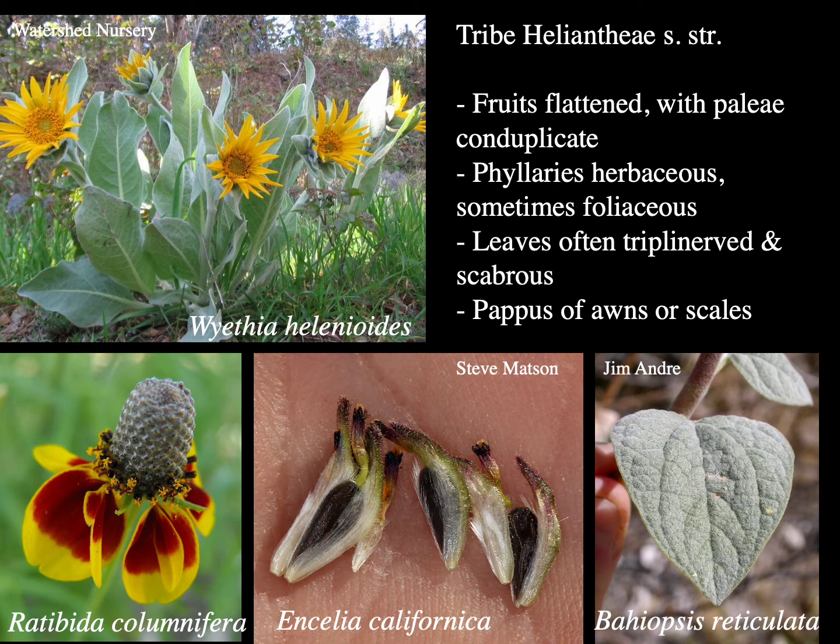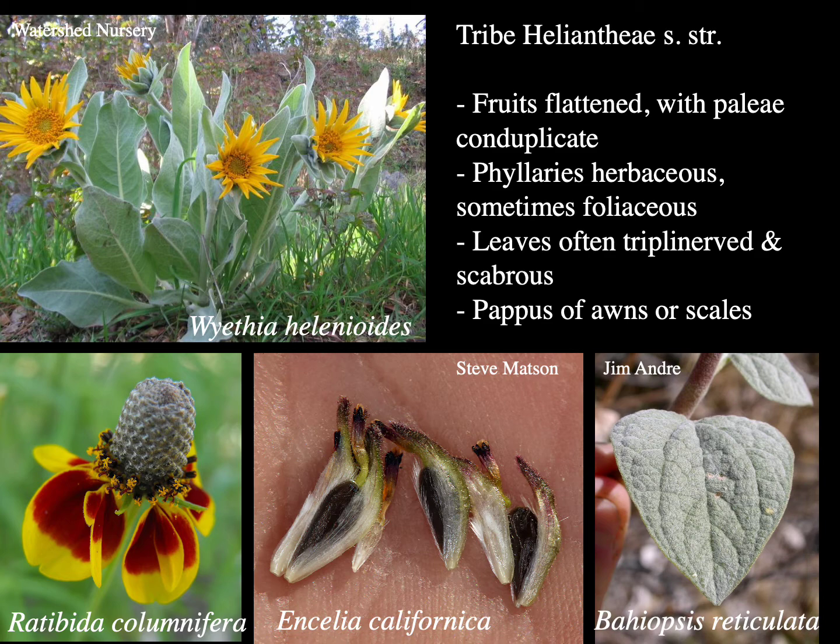Also, the phyllaries, or involucral bracts, are herbaceous in this group. They're green, and sometimes actually leaf-like or foliaceous, as we can see in this Wyethia up in the upper left here, where you can see these leaf-like phyllaries. The leaves are also often triple-nerved and scabrous, like we see in the Bahiopsis in the lower right here.